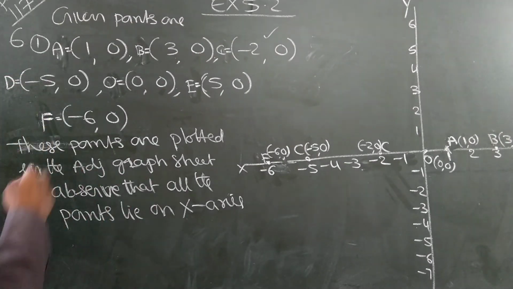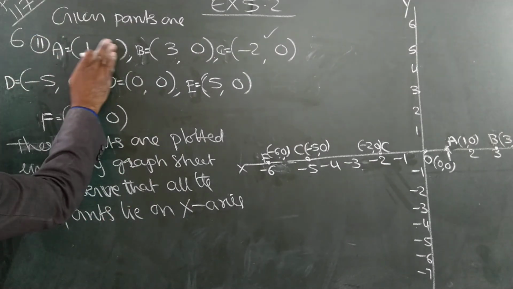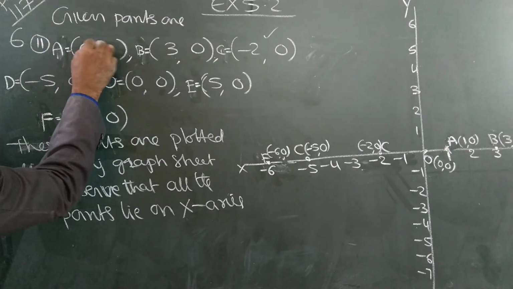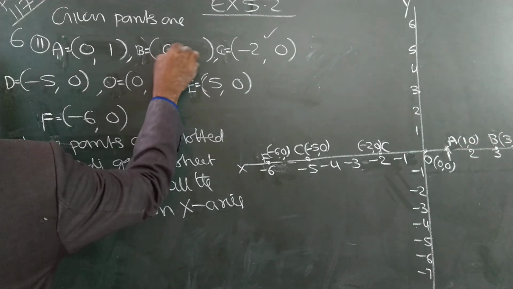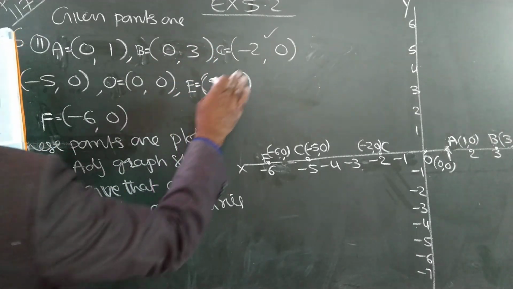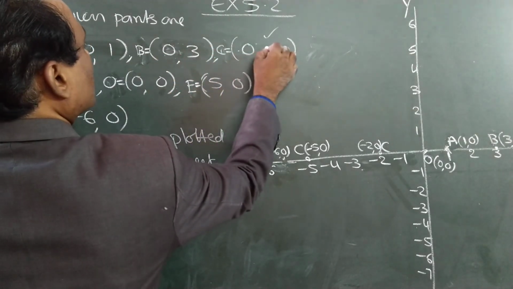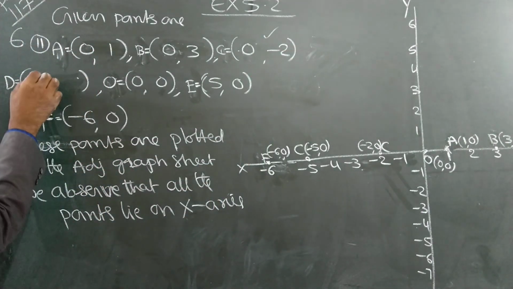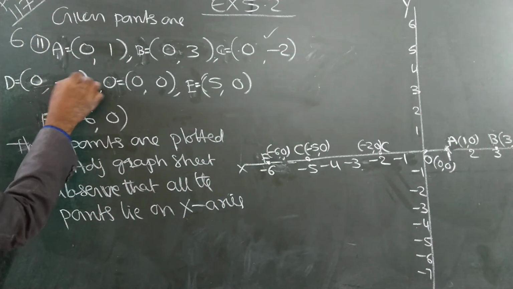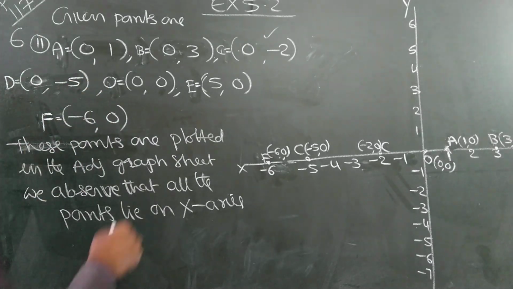Do the second bit: 0, 1; 0, 3; 0, minus 2; 0, minus 5.